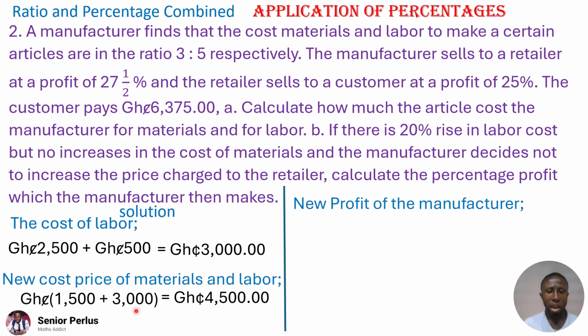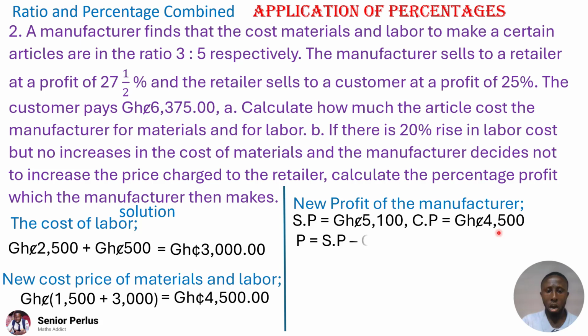4,500 Ghana cedi. It says calculate the percentage profit which the manufacturer will then make. So the new profit which the manufacturer will then make, since now we know the cost price and the selling price. The selling price, we already talked about, 5,100 Ghana cedi, and the new cost price has changed.